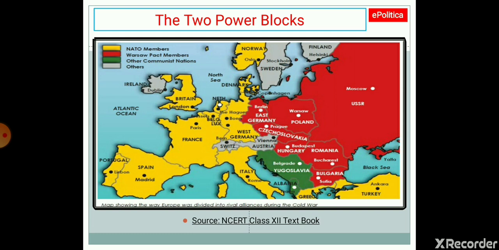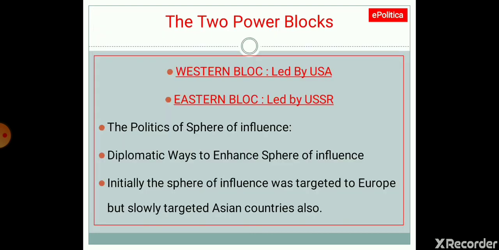Now, this particular image or map made it clear that the entire Europe has been bifurcated into two power blocs. One power bloc was dominated by the United States of America, and the other one was dominated by USSR. Now, who are these two power blocs?